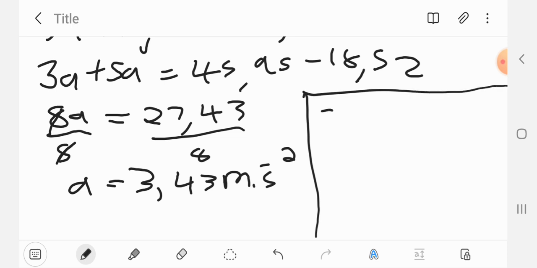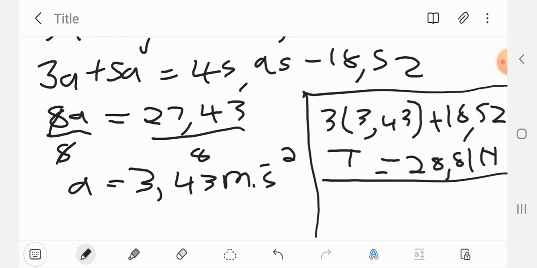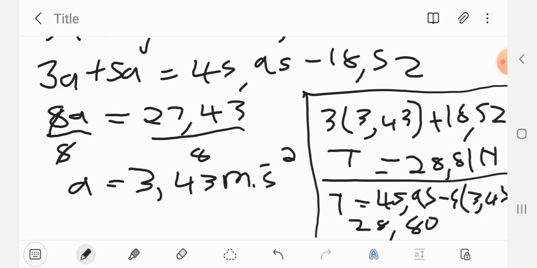So we'll say 3 kg times 3,43 plus 18,52. Then T is 28,81 newtons, or we can use T equals 45,95 minus 5 times 3,43. It will still be 28,80 newtons.